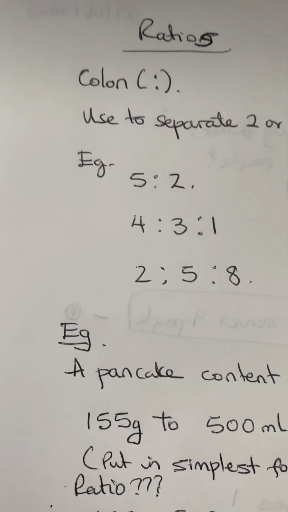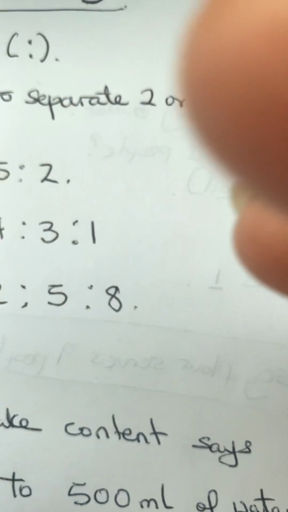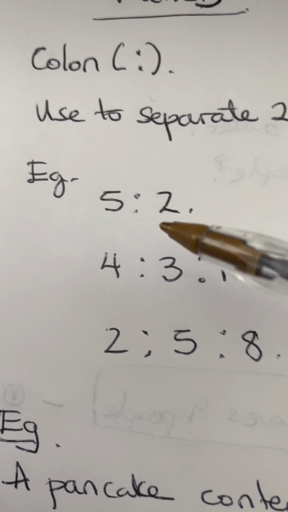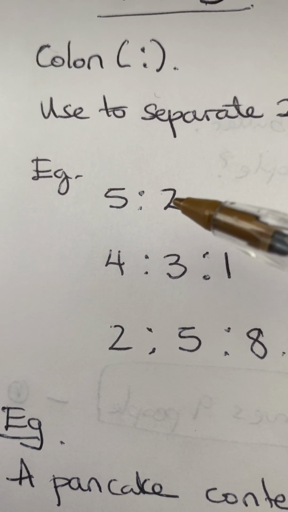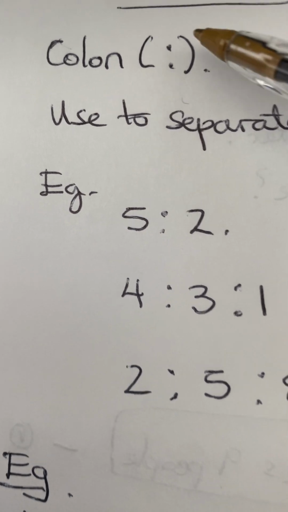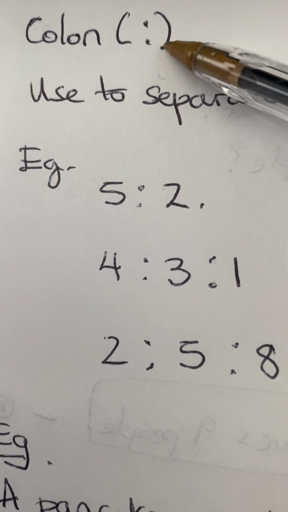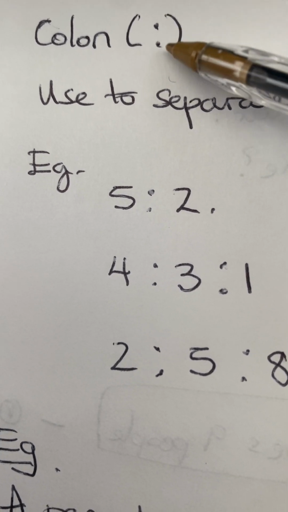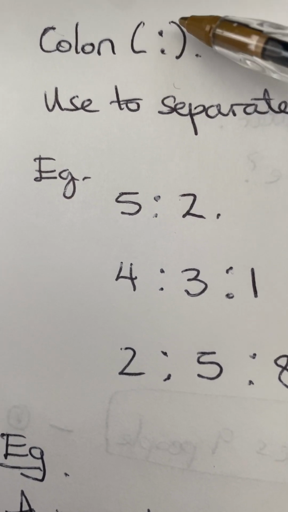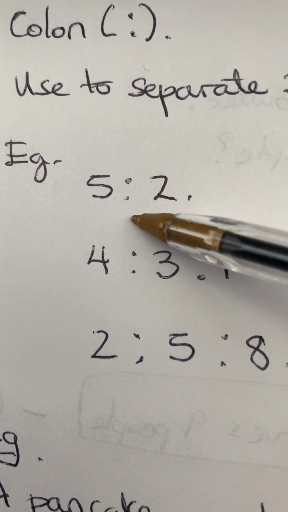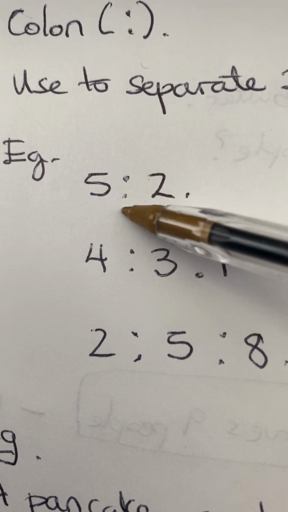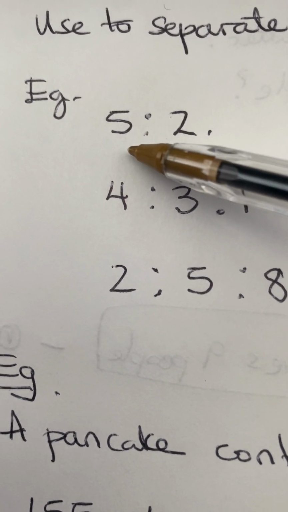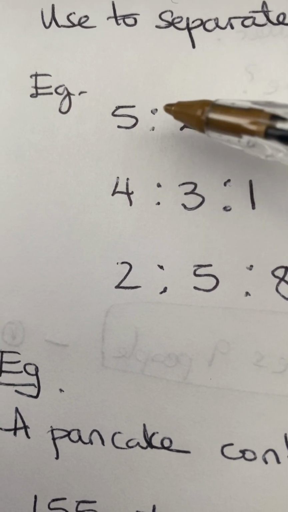With ratio, you normally use this sign here, the colon sign, to separate the numbers. Even though this is used in English, you can also use it for ratio. So this is another mathematical symbol. So here, what it says is 5:2.